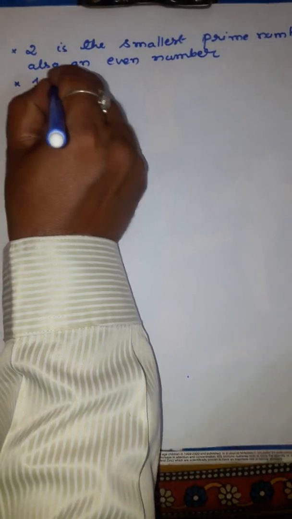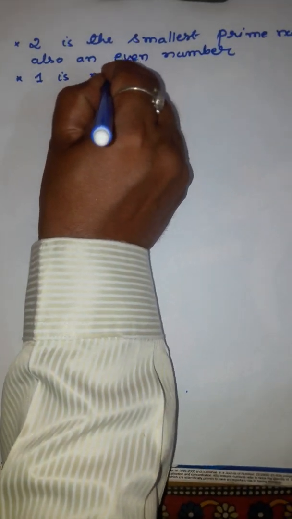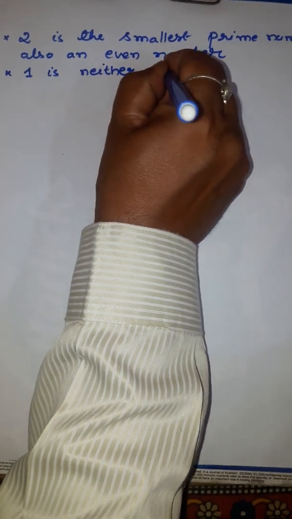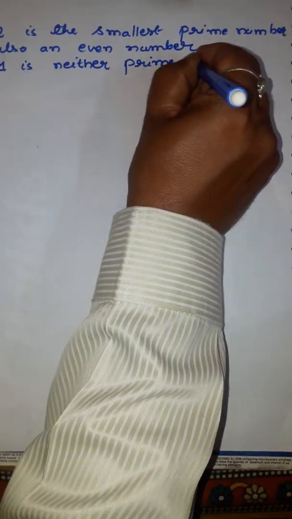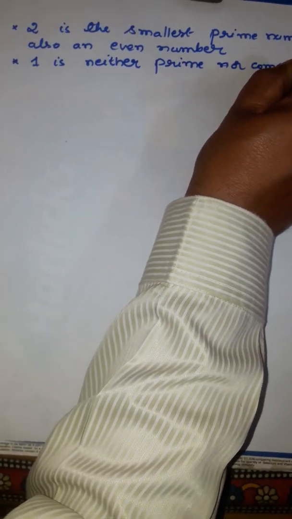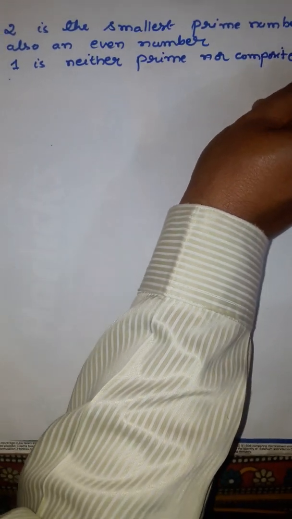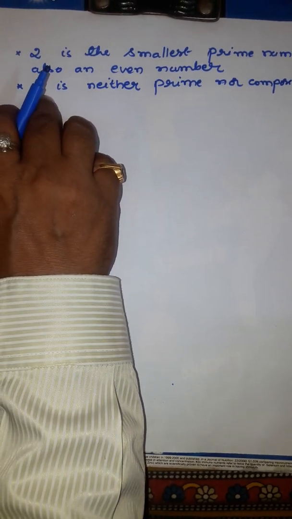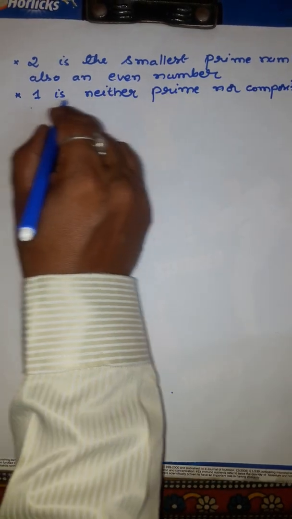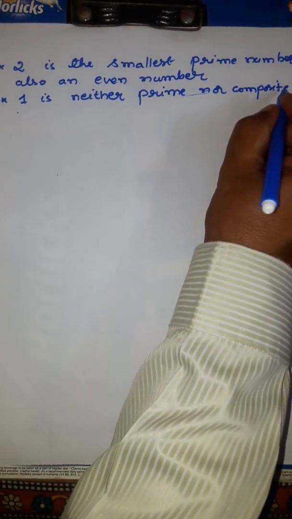Second point you have to remember: 1 is neither prime nor composite. So 1 is neither prime nor composite. So these are the important points you have to remember. That is, 2 is the smallest prime number, also an even number. 1 is neither prime nor composite.